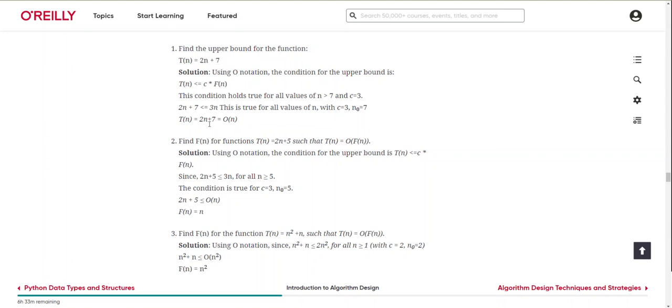It's not difficult to see. Time complexity of 2n plus 7, that's n. Whatever n is, that's the worst case scenario. If it was 2n squared plus 3n minus 7, then it's n squared.